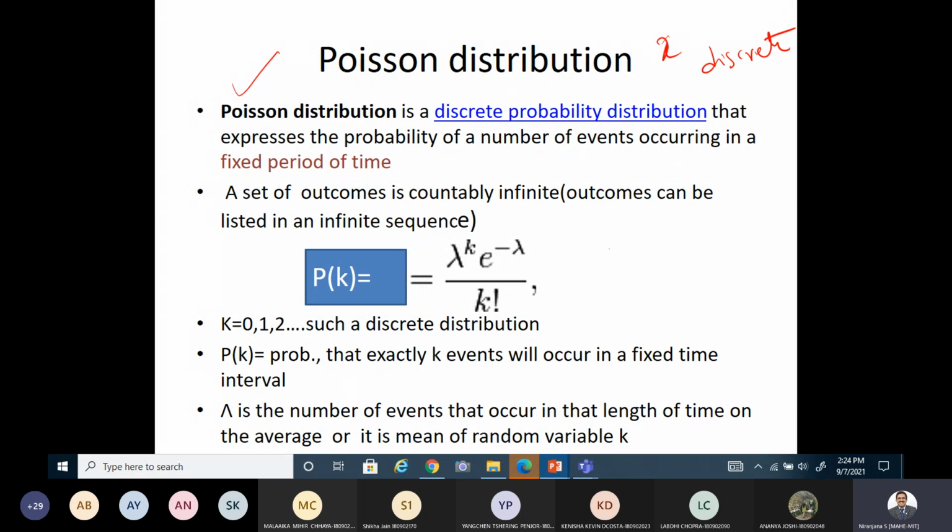But in some problems the outcome is countably infinite. For example, suppose you take a toll, where vehicles are arriving.